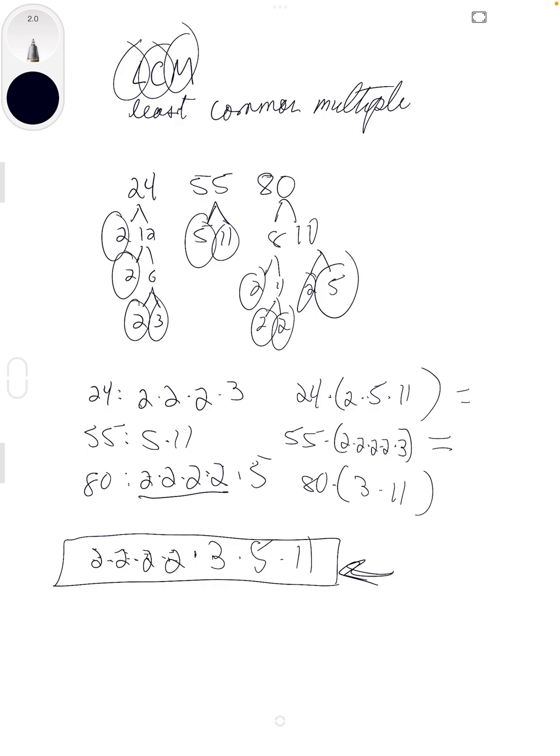If I multiply this times 24, I'll get this number. If I multiply this times 55, I'll get this number. If I multiply this times 80, I'll get this number. Okay, and so if I want to figure out what I have to do to multiply each in, this is a way to say that. And that gives you the least common multiple. For right now, that's pretty much all you're asking for here.